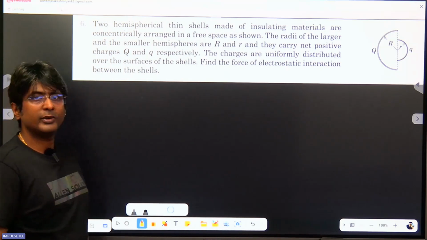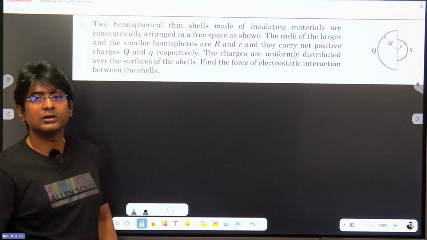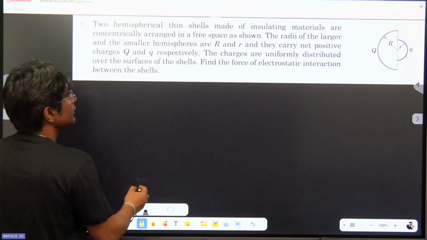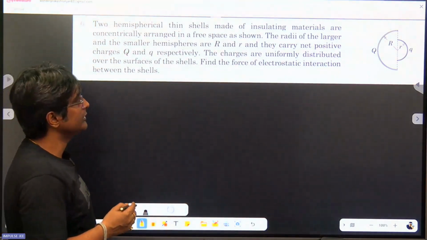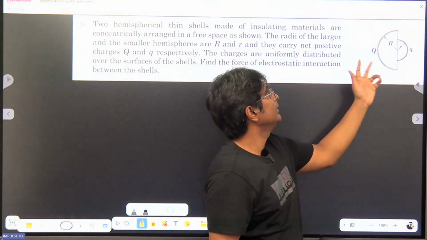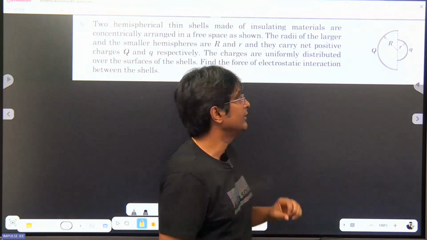A similar kind of question we have seen in gravitation also, so I am going to use the same concept. If you look at this, you cannot directly apply the Coulomb formula because this is not a complete sphere.